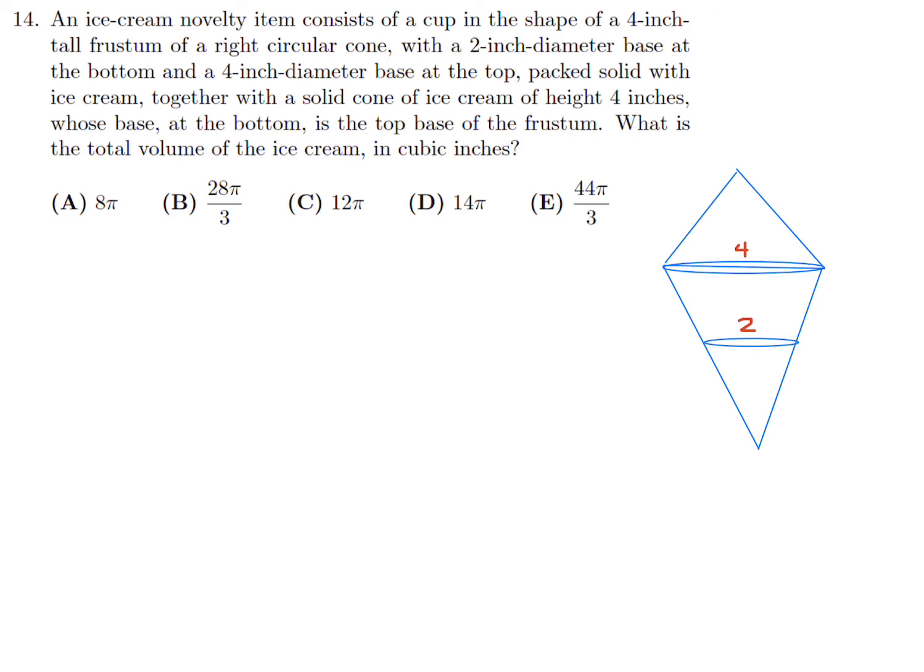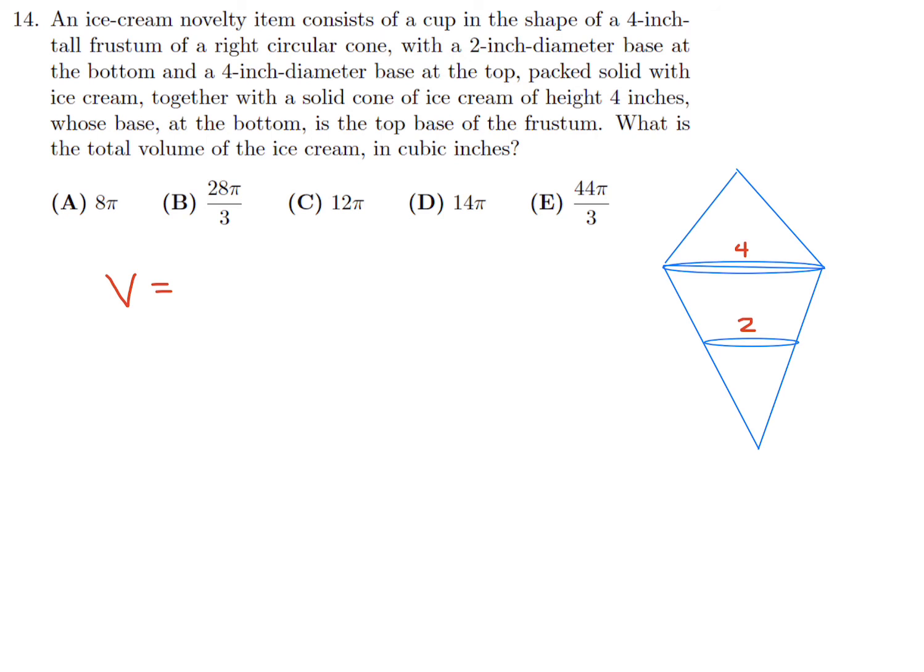And then they tell me that together with a solid cone of ice cream of height 4, so they've got a cone sitting on top, and that's got a height of 4. All right, and now they want you to figure out the volume of this whole thing. So basically what we have to do is figure out the volume of the top and then just this frustum. All right, so that shouldn't be too hard.